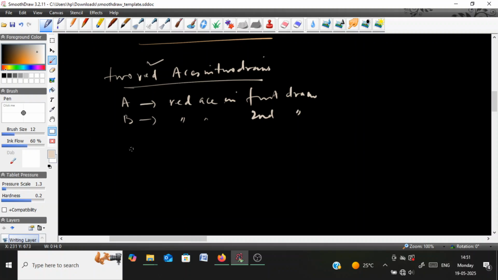So we basically try to find the probability of A intersection B. Okay, that is the probability of finding two red aces in two draws. So finding the joint probability of A intersection B, that can be taken as probability of A into probability of B given A.